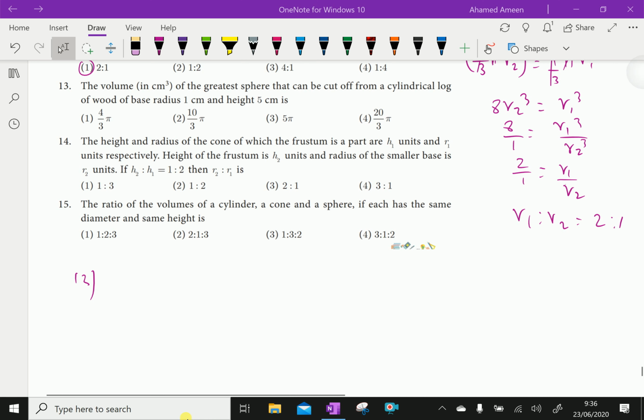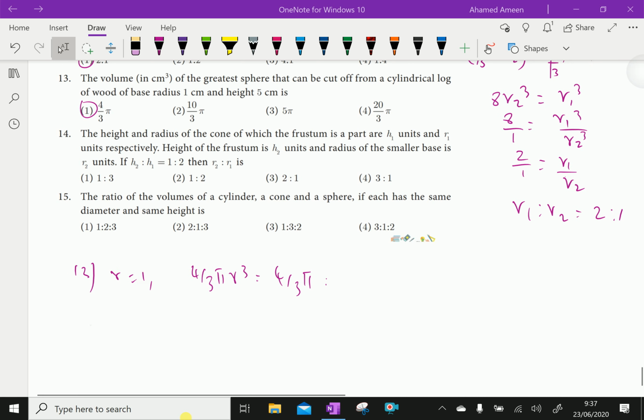Here, the radius is 1, r equals 1. Therefore volume is 4 by 3 pi r cube, which is equal to 4 by 3 pi into 1 cube, which is 1. Answer is 4 by 3 pi, because the sphere touches the walls of the cylinder, so its radius is the same as the radius of the cylinder. So the answer is 4 by 3 pi, option 1.